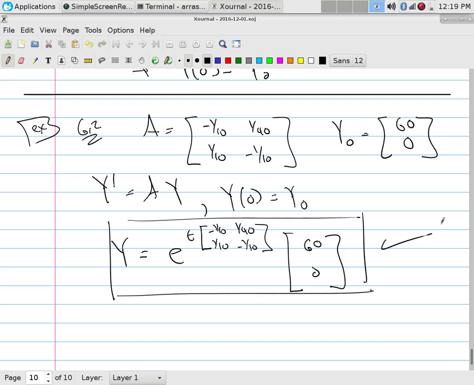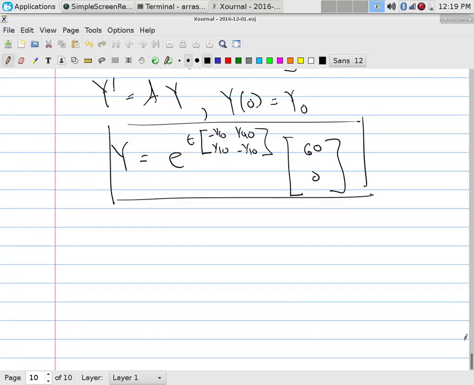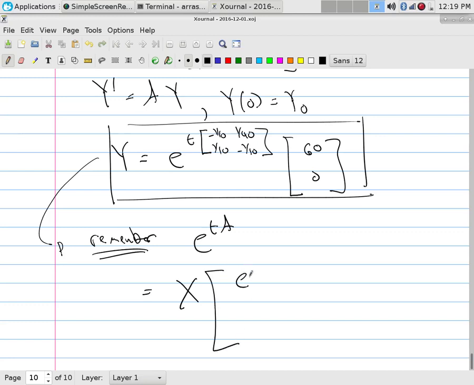Now, does it look like what it looked like in the previous one? No. If you wanted to make it look a little better, the thing to remember is that e to the ta could be rewritten as x, the eigenvectors, times a diagonal matrix, which would be e to the t lambda 1 down to e to the t lambda n, and then x inverse.